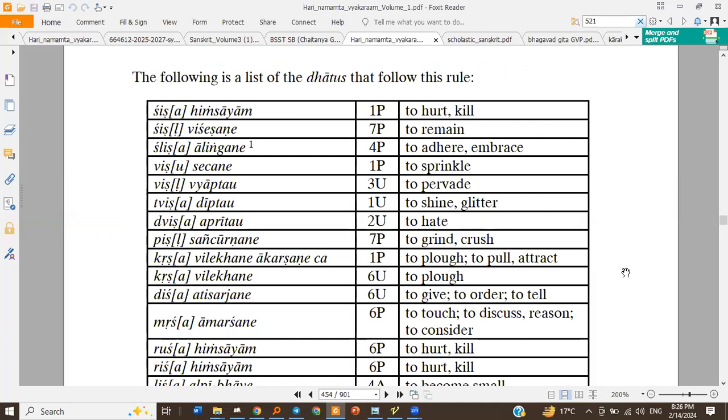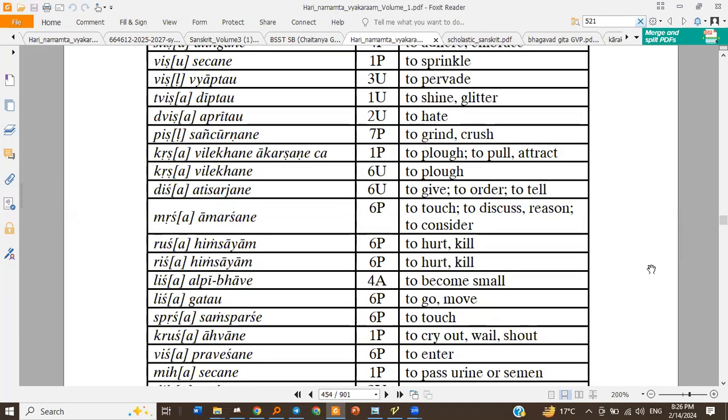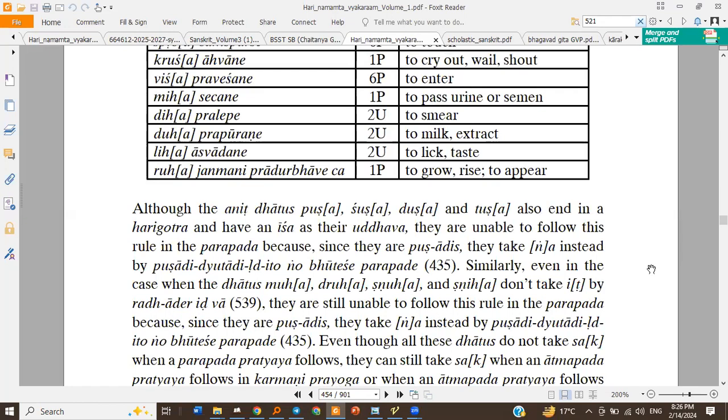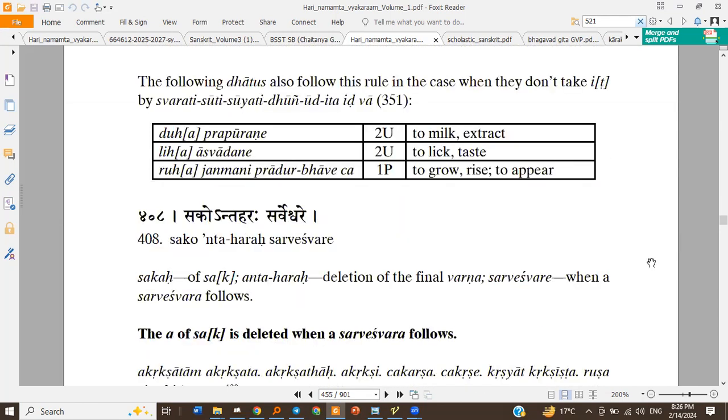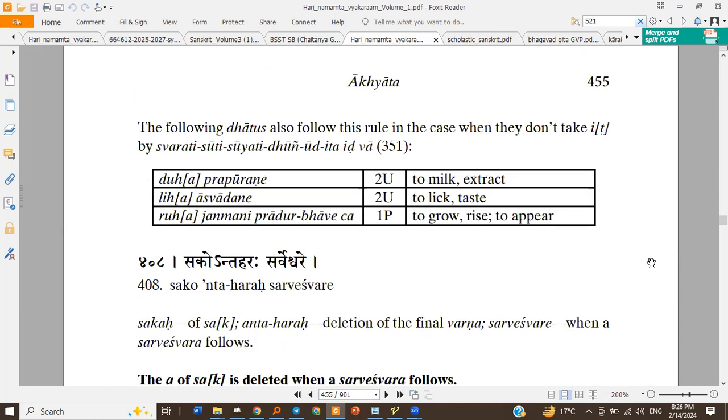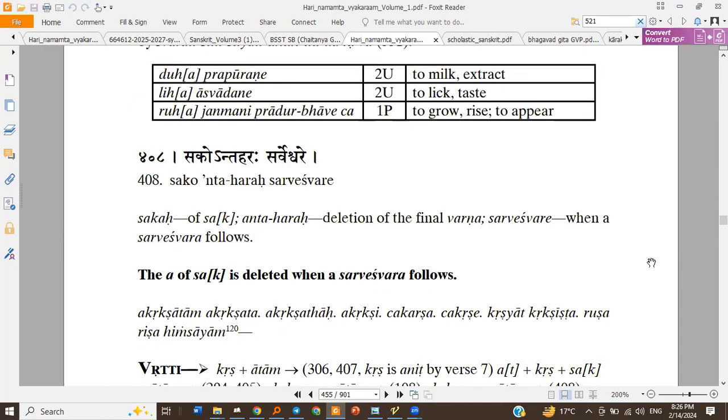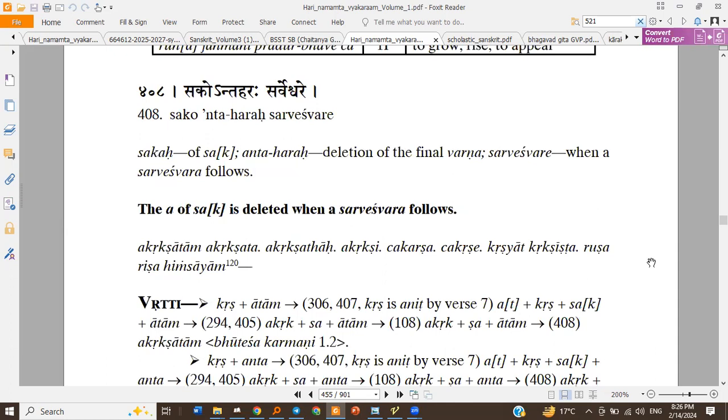So these are the dhatus mentioned here which follow this rule: the dhatus which end with Harigotra and have Isha as their Uddhava. Then Sakontaharaha Sarveshware. The A of Sak is deleted when a Sarveshwara follows.